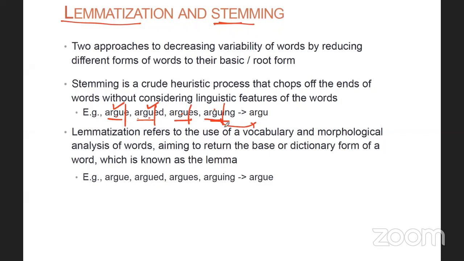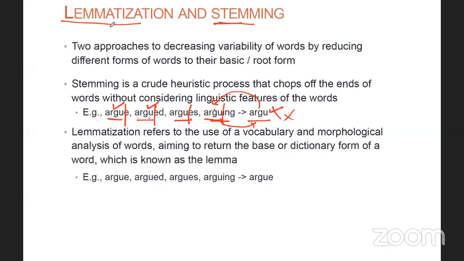But do you get the meaning of argue from this word? No. This argu doesn't have any meaning. I wanted to convey argue, but I'm not going to get that meaning from this word. So this is called stemming, but it is not an efficient method.